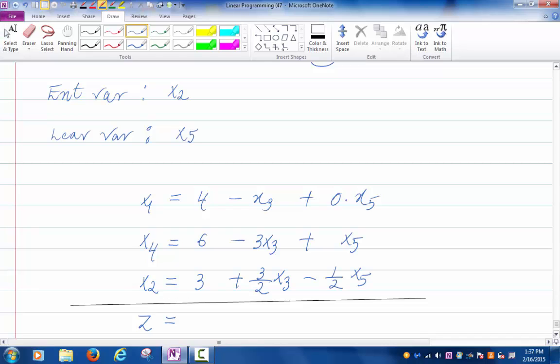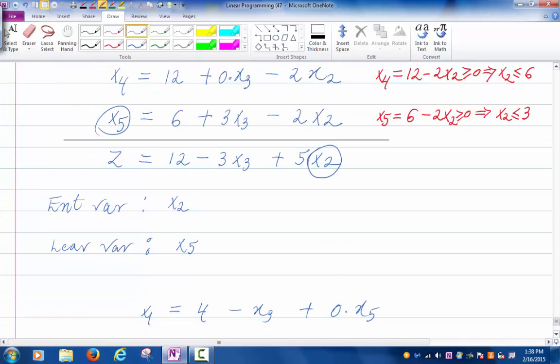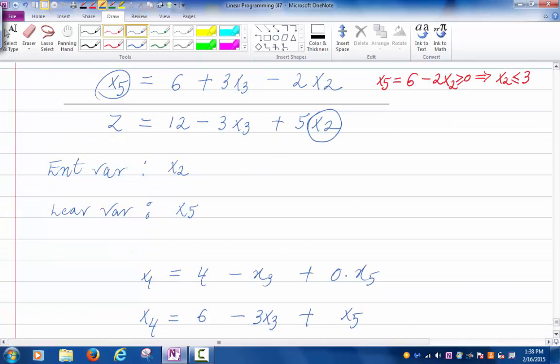You agree with that? Once I have that, what should I do? I'm going to plug that in every equation, right? Wherever I see x2. Now, in the z equation, what did I have? In the z equation, I have this, right, in the previous dictionary. And what should I do? I should plug in the value of x2.